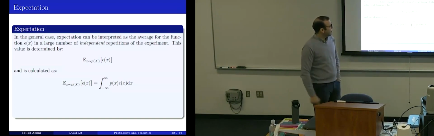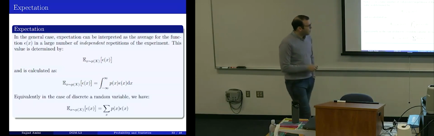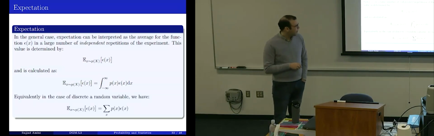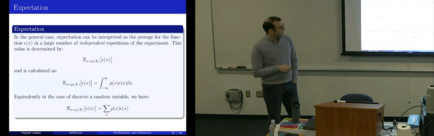So this is one approach to calculate expectation. Another one is based on independent repetitions. Similarly, for the case of a discrete random variable, you can calculate your expectation using the probability mass function. And as you can see, we do not have any difference between continuous and discrete random variables.